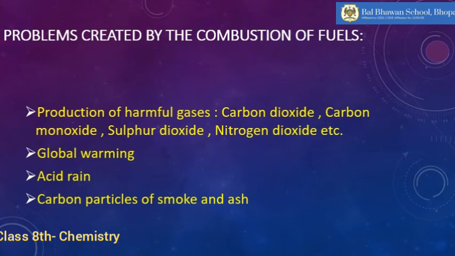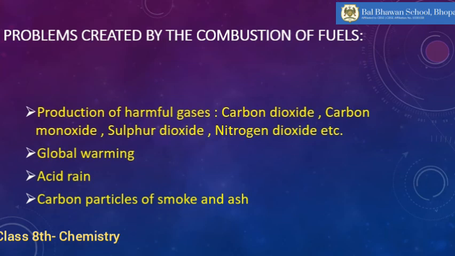When we burn or when we use these fuels for different purposes, they produce lots of harmful gases such as carbon dioxide gas, carbon monoxide gas, sulfur dioxide gas, nitrogen dioxide gas, etc.